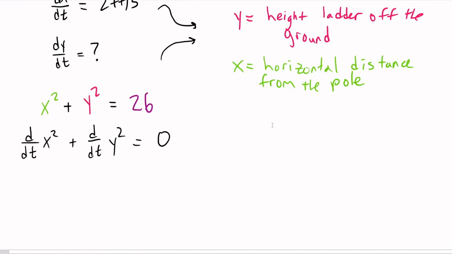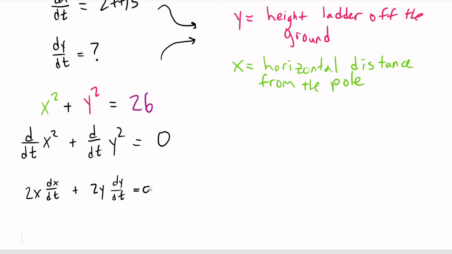So do I know what the function is? No, this is just like implicit differentiation. I don't have any idea what that function is. So there's technically chain rule here. When I do this derivative, it's going to be 2x dx/dt. This is a chain rule just like implicit. This one, again, y is changing, so it's going to be 2y dy/dt equals 0. I want dy/dt.